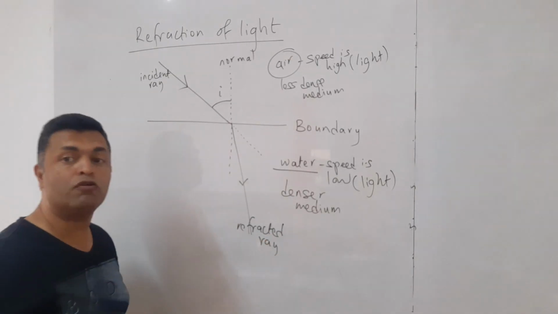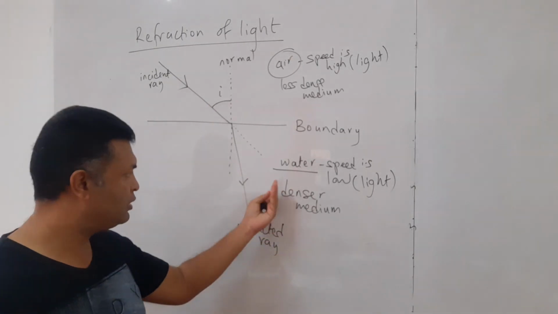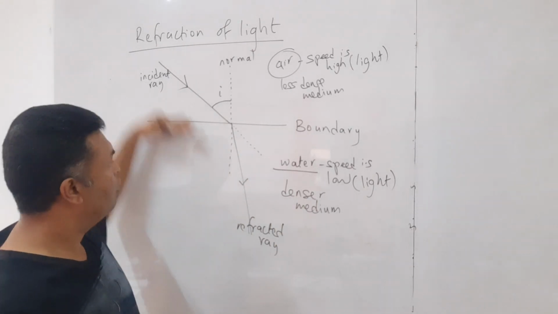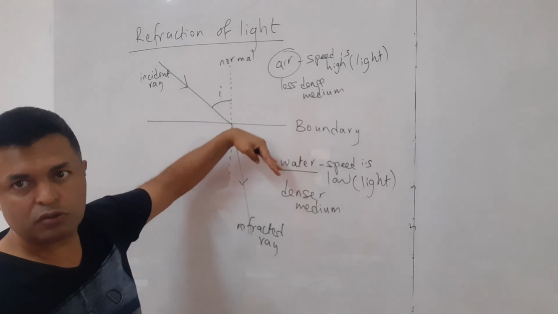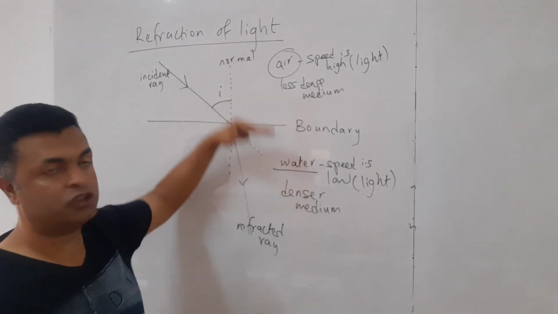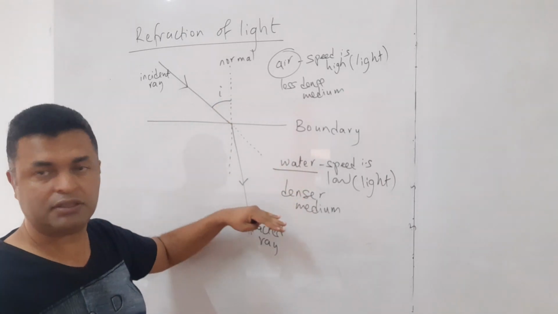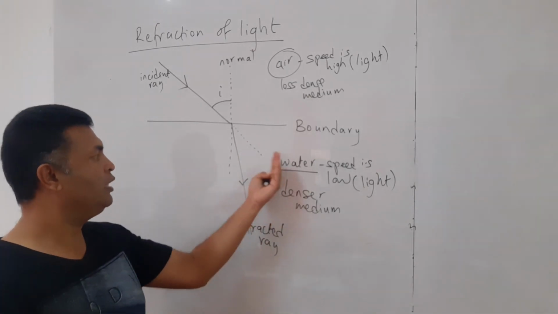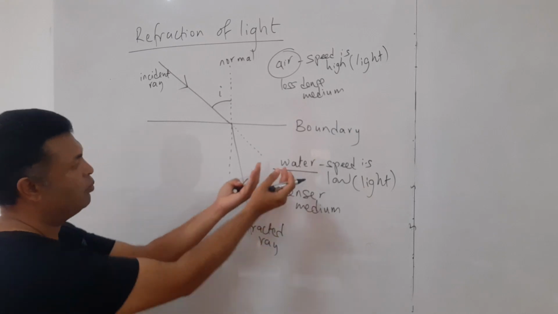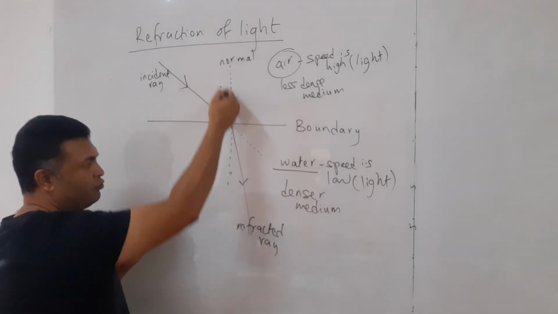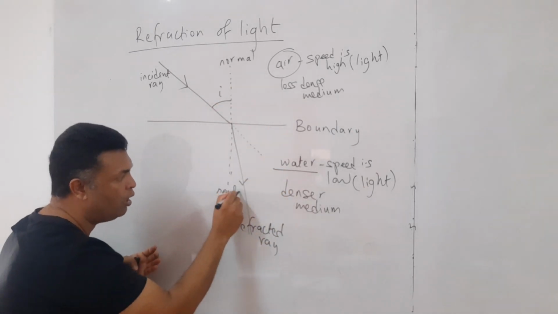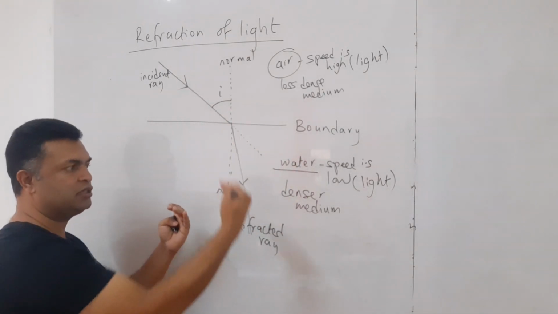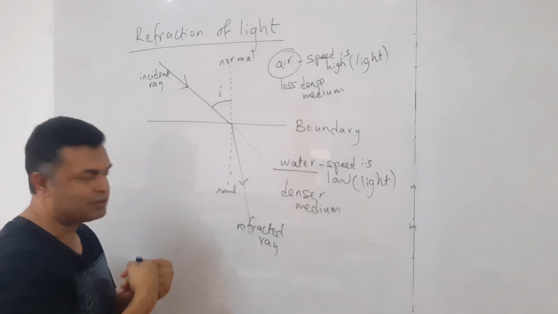We say that the refracted ray is bent towards the normal, because if the medium were the same, the ray would have been going straight like this. Since there is a change in medium with different density, there is refraction.